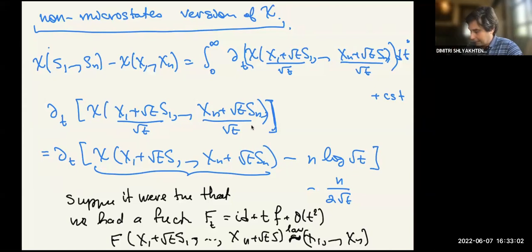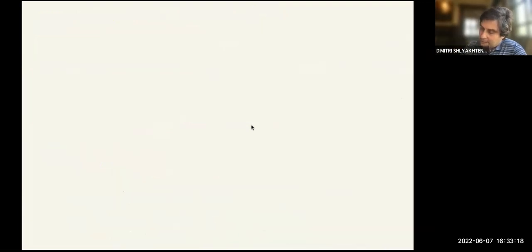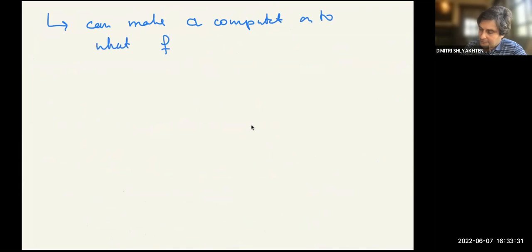Okay, good. All right, so again, suppose we had some function f_t with this property that somehow if you evaluate this f on the perturbed variables, we get new variables which in law are equivalent to the unperturbed variables. Well, from that, you can actually make a computation as to what this little f must be.